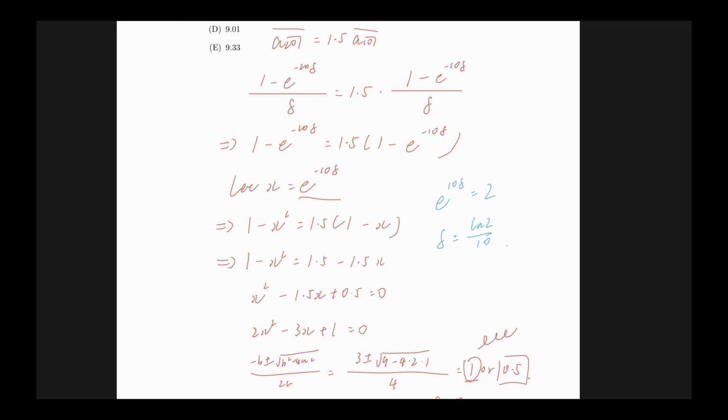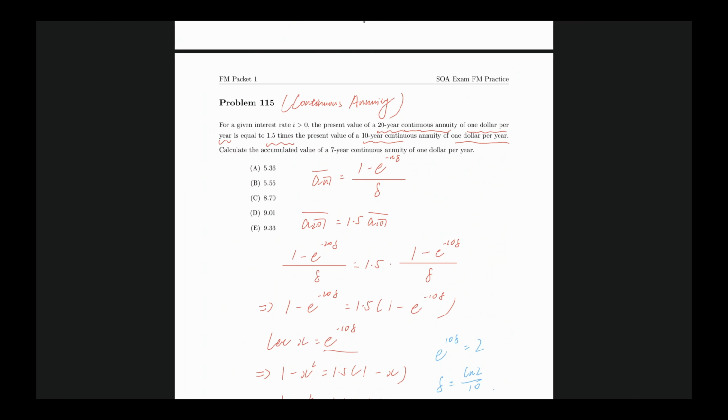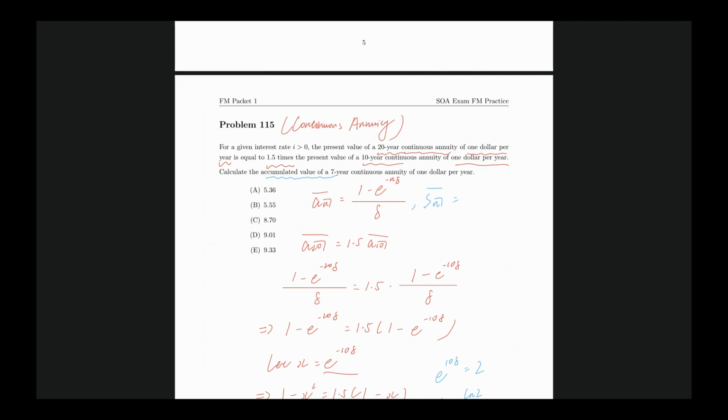Because of that, the question is asking for the accumulated value of a 7-year continuous annuity. So we also need to know about the accumulated value, or the FV, of a continuous annuity. This is going to be e to the power of n times the force of interest minus 1, over the force of interest.